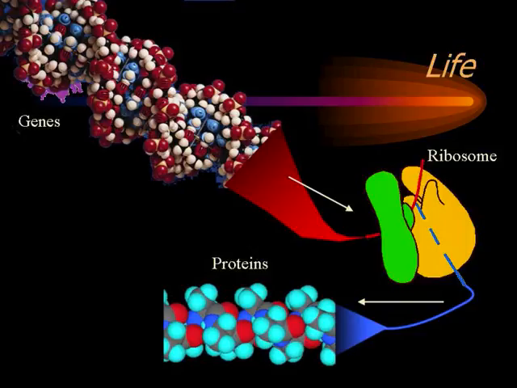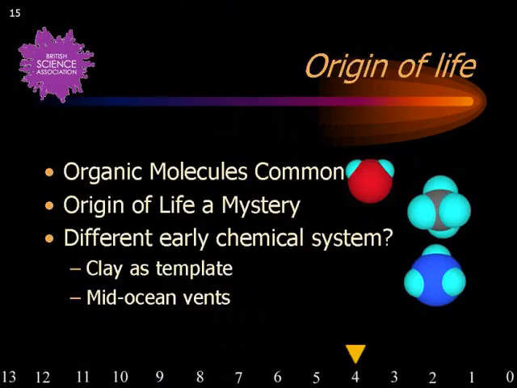There are lots of different theories and lots of facts to bear in mind. Organic molecules, these ones that we've talked about, are very common. The origin of life is a mystery, as I've said. Could there have been an earlier molecular system which didn't use the same molecules that we know?